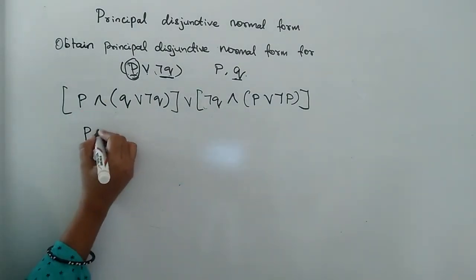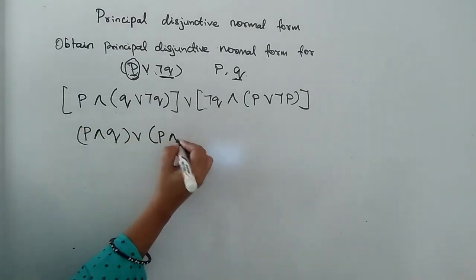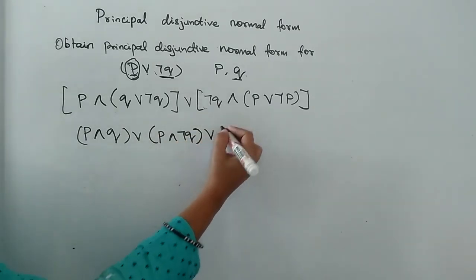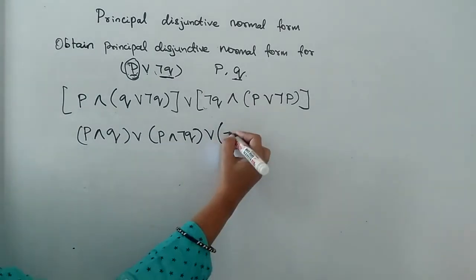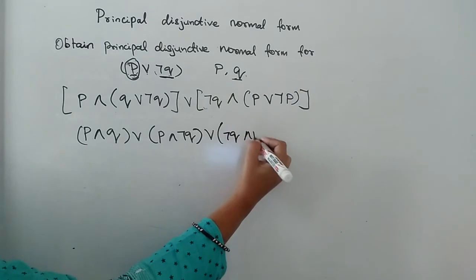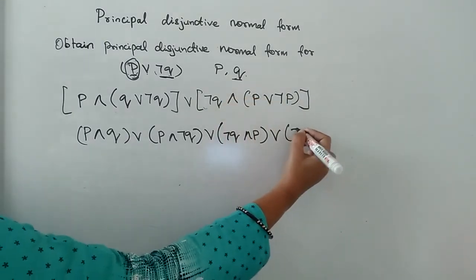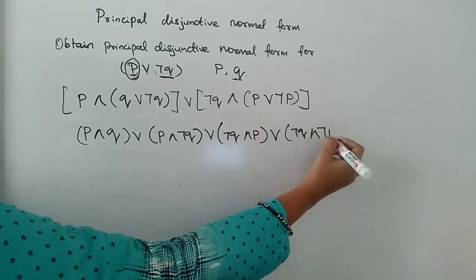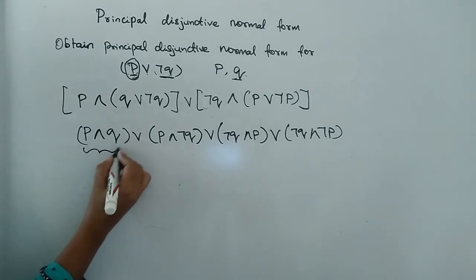For example, P and Q or P and negate Q, and then here we can write negate Q and P, and then negate Q and negate P.